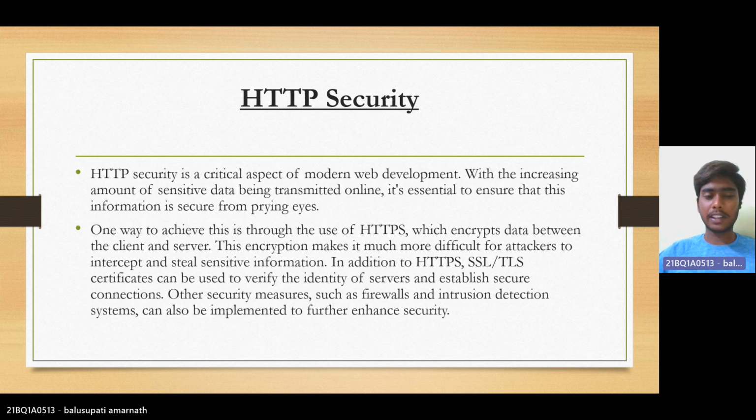And the last one is security, the major thing. HTTP security is a critical aspect of modern web development. With the increasing amount of sensitive data being transmitted online, it's essential to ensure that this information is secured from prying eyes. Here, prying eyes is nothing but the many things happening on the internet nowadays.